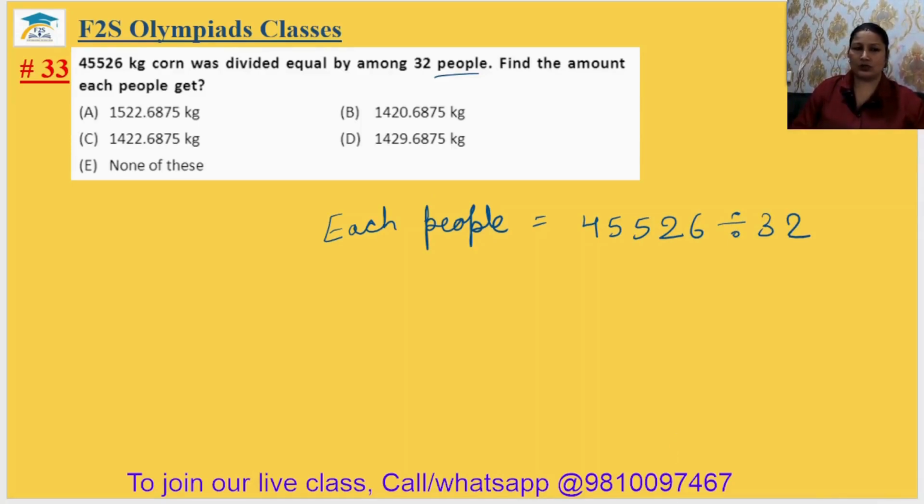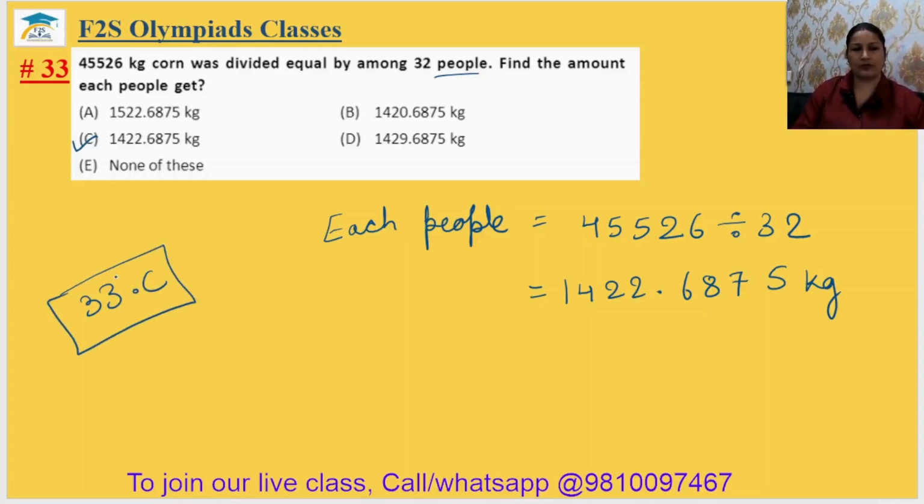So just use the decimal division. After dividing it, you will get 1422.6875. It is in option number C. 33rd answer is option C.